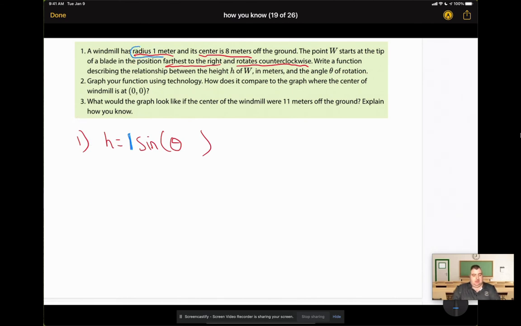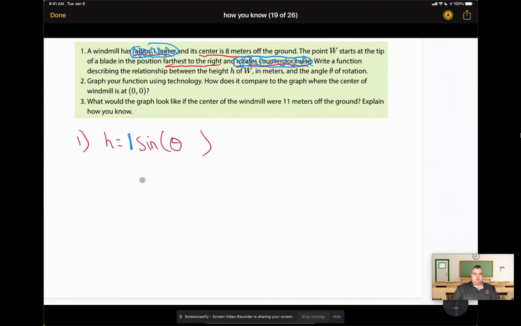So rotating counterclockwise means it's rotating in a positive direction. So that tells me the A value is going to be a positive 1. So I've used the fact that the radius is 1 meter, and that it rotates counterclockwise to determine that this number here is 1.